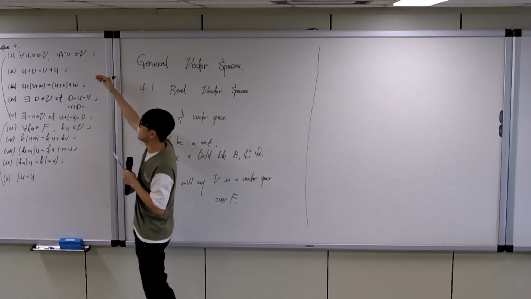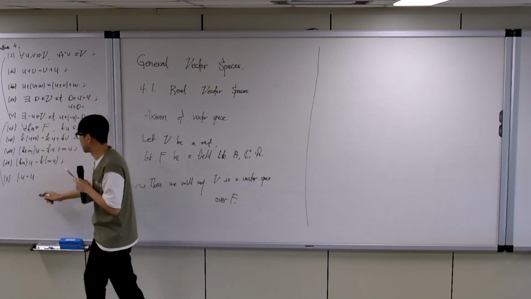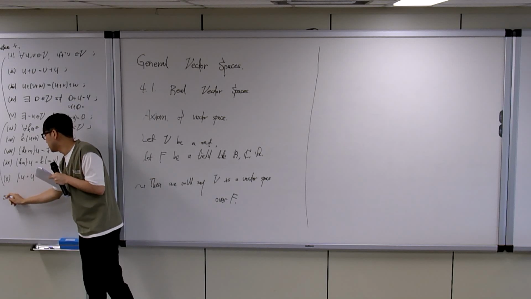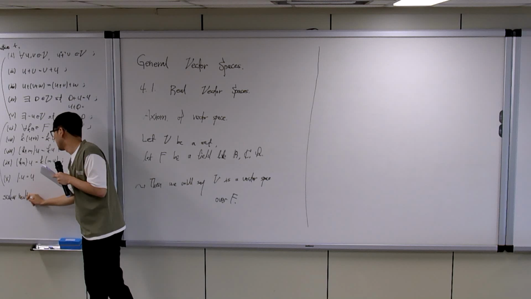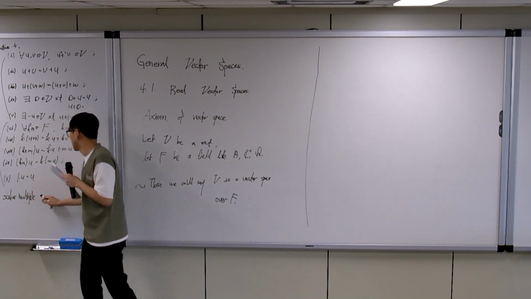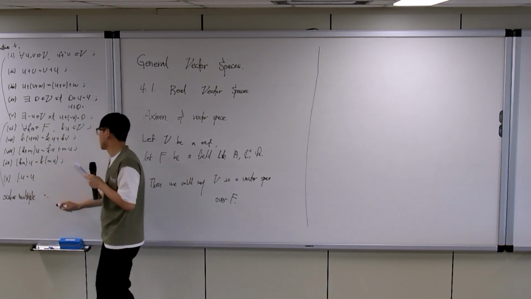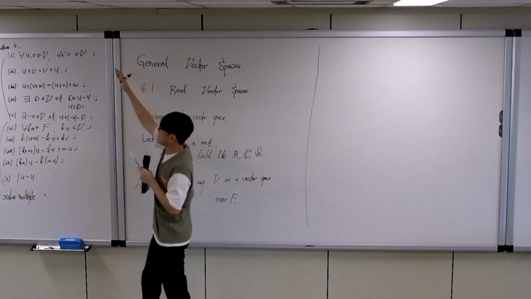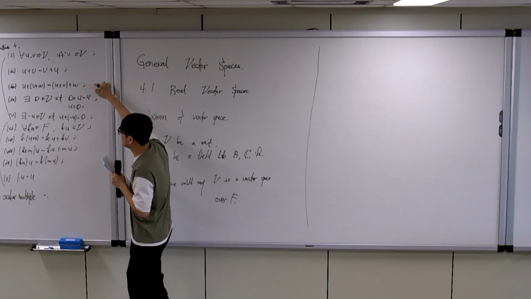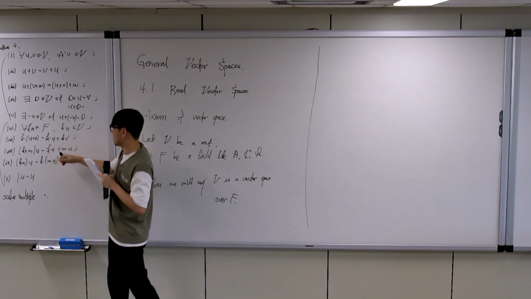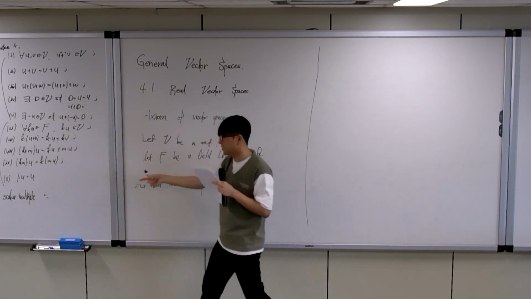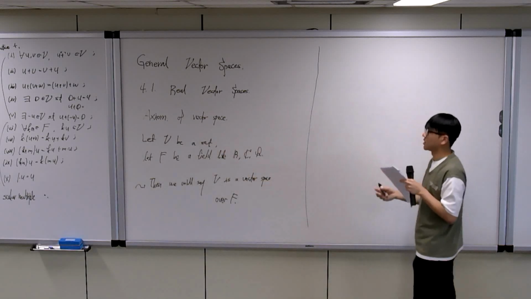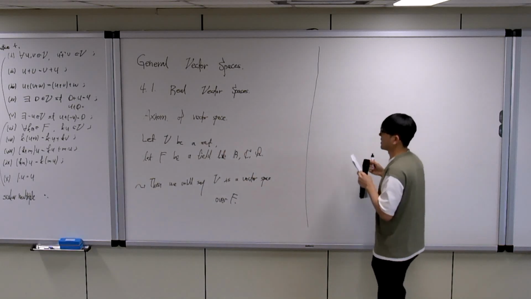One is the additive part, and the other one is the scalar multiplication part. By checking commutativity, associativity, 0 and distributivity, we can check whether it is a vector space or not.